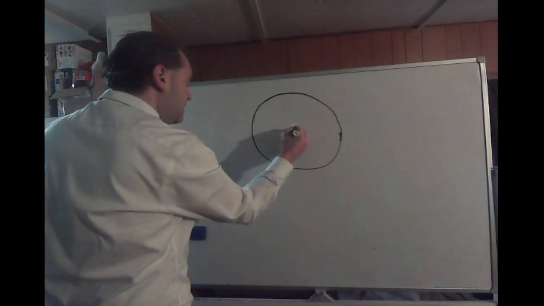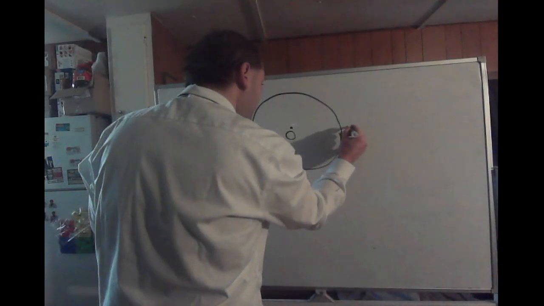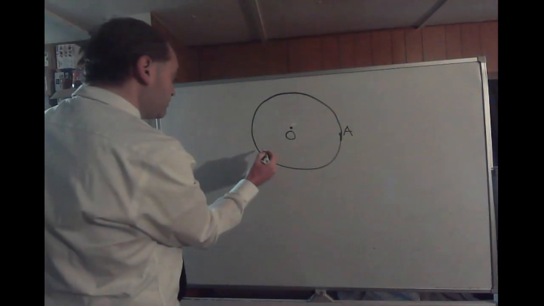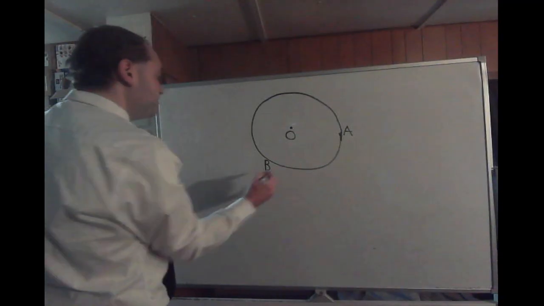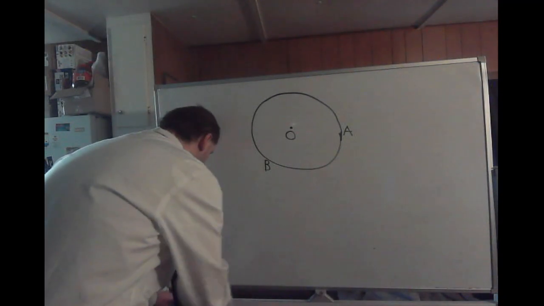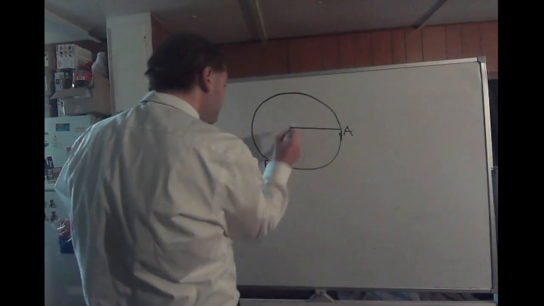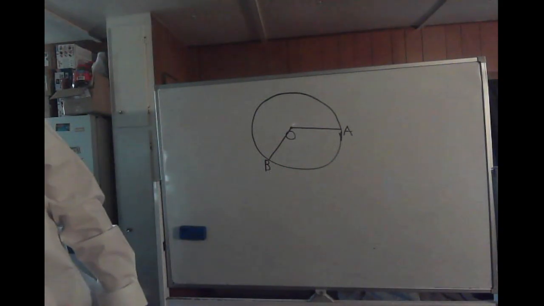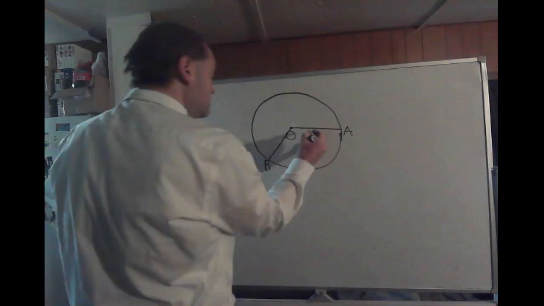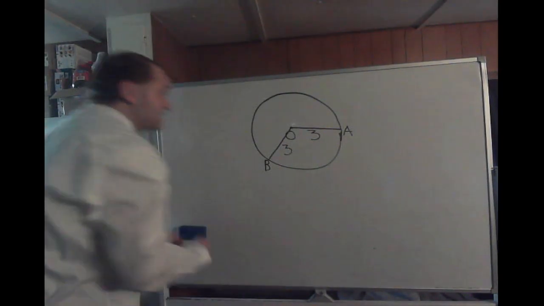Alright, so then we have, let's see, circle O. Of course, here will be A. This will be B. You'll see what I'm about to do in a minute. Still a radius of 3, but this gets to be a lot of fun.